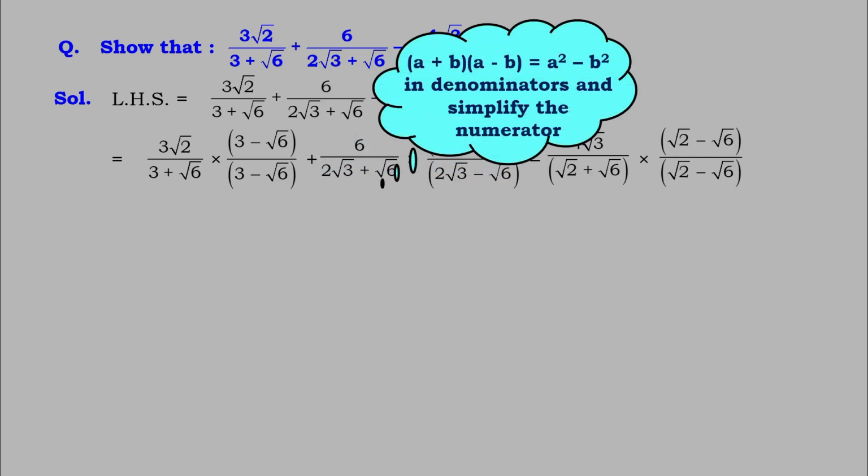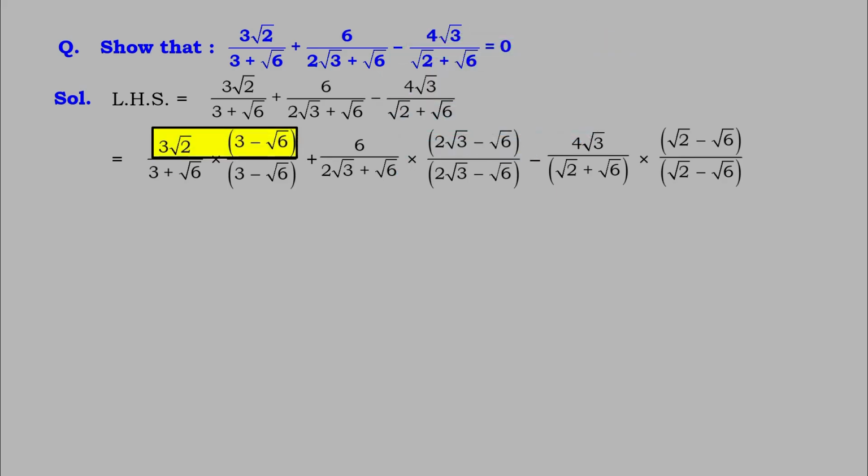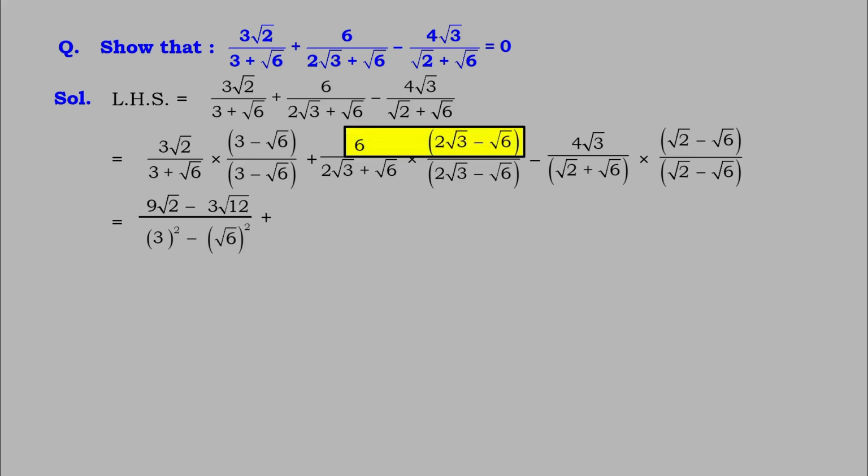Now we are going to use a square minus b square, that is (a plus b) into (a minus b), in the denominator to simplify and then simplify the numerator. So now let us simplify the denominator. Keep on simplifying the numerator as well as the denominator part.